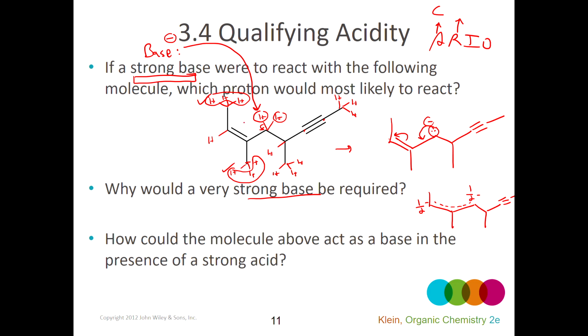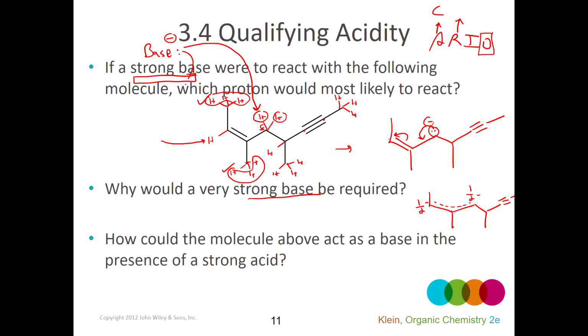There's no highly electronegative atoms, so there's no real induction that would help to stabilize that negative. The orbital, if I looked at that first, that factor would actually make me think that this hydrogen is the most acidic.